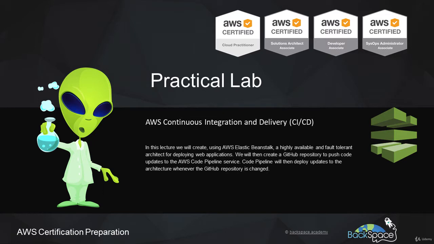In this lecture on continuous integration and continuous delivery, we're going to be creating a CICD pipeline using AWS CodePipeline. First off, we're going to be creating an Elastic Beanstalk highly available and fault-tolerant environment for deploying our Node.js web application.